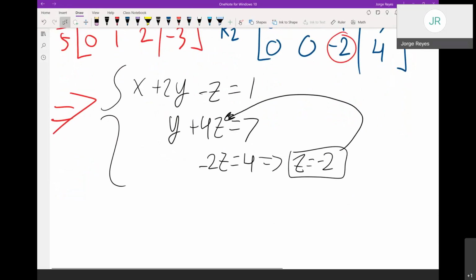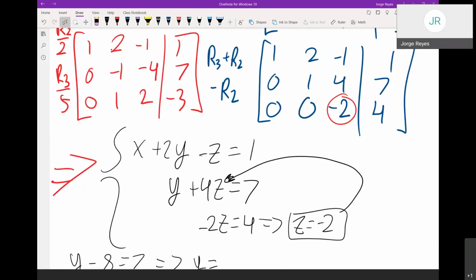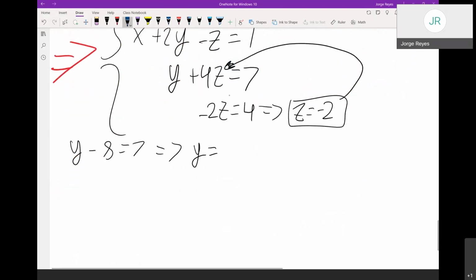What do we get? We're going to get y minus 8 equals 7, so y equals 1.